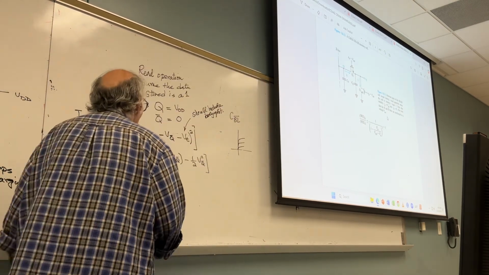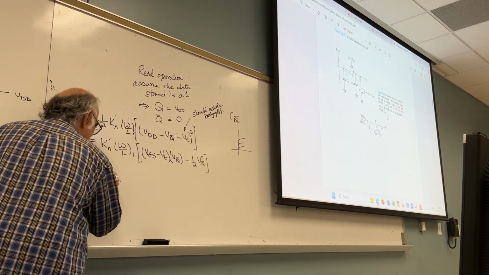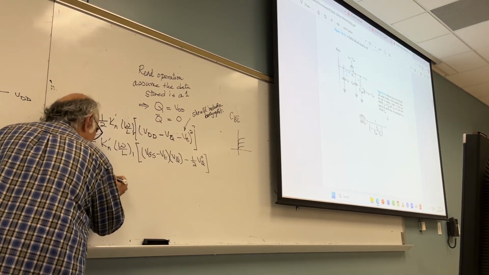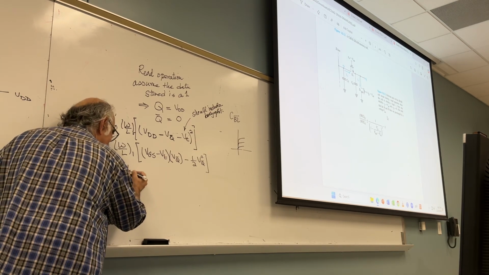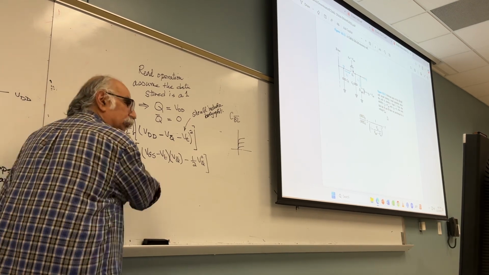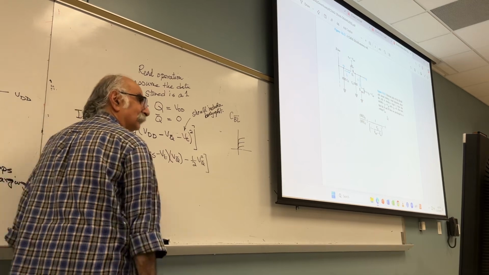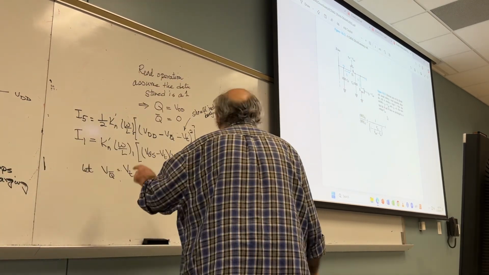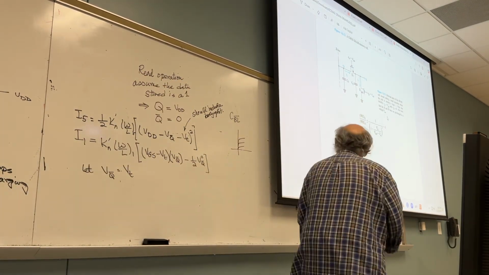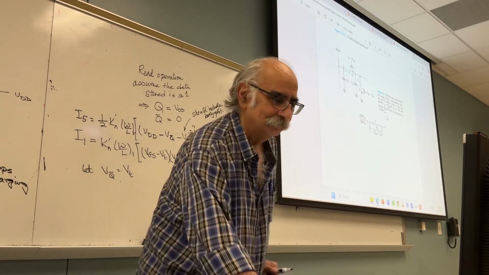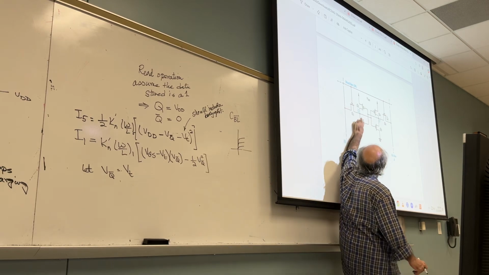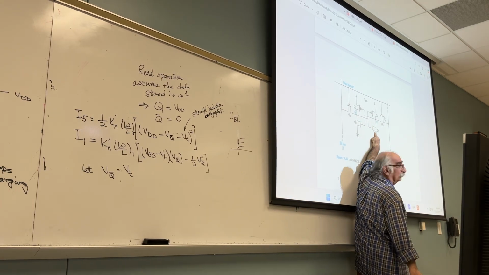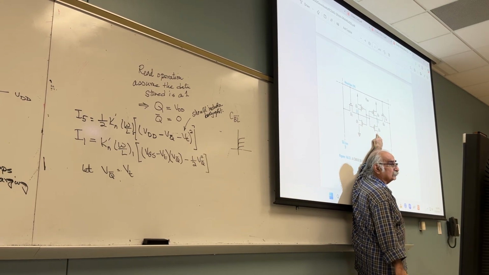Okay. Now, what do I want VQ bar to be? Let VQ bar be less than VT of which transistor? Remember, I don't want VQ bar to exceed the threshold of this transistor.